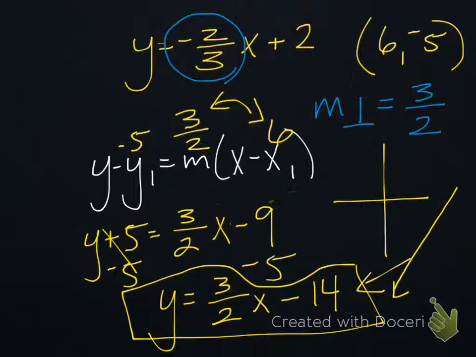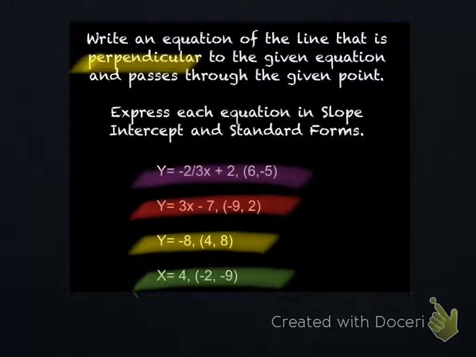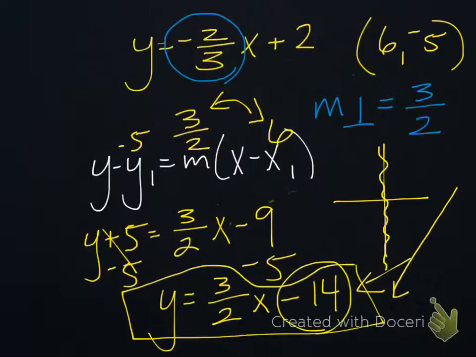And I couldn't even see where I was going to hit the y. That's because I was going to hit way down at -14. So in my mind, that makes sense. So I have y is equal to 3/2 x minus 14. Okay, so y is equal to 3/2 x minus 14 is my slope-intercept form.